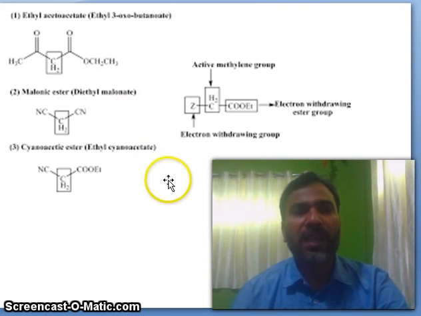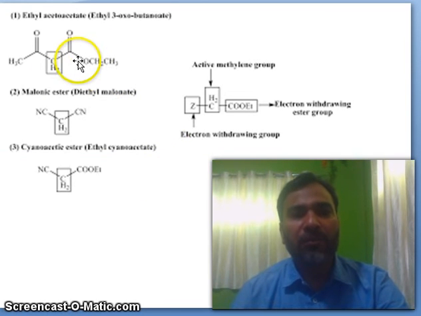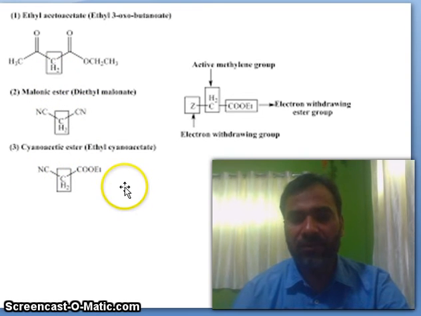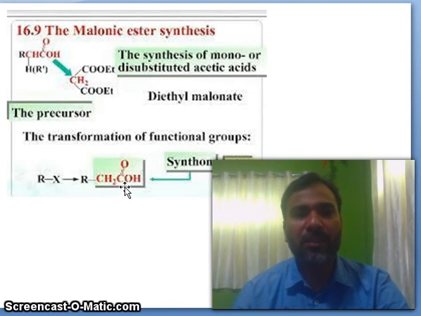Now why is it an active methylene? If CH2 is flanked with 2 electron withdrawing groups, here cyanide, here acetyl or ester, and this side cyanide, then it becomes active. So it is called an active methylene compound.